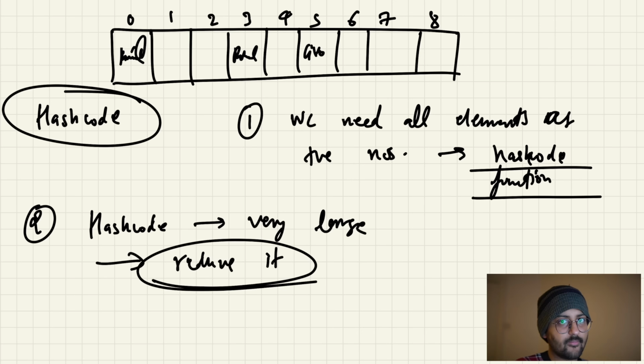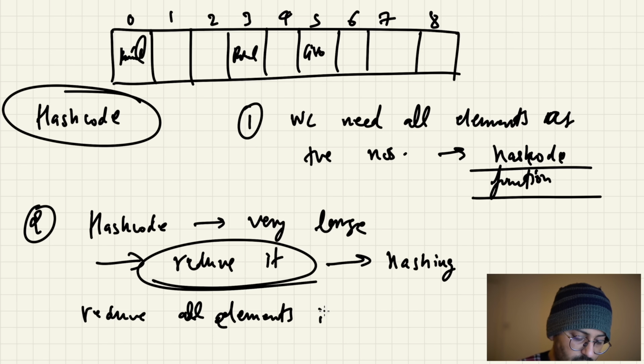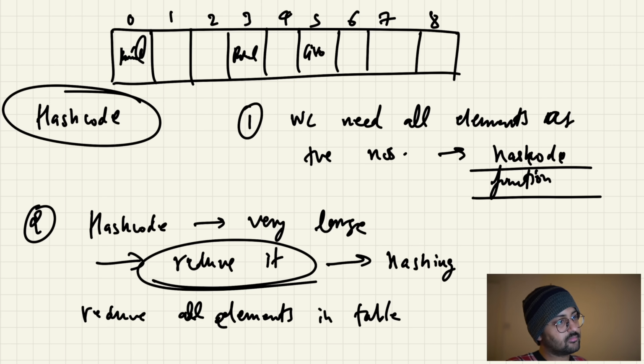This is known as hashing. It reduces all elements in the table to a size m.